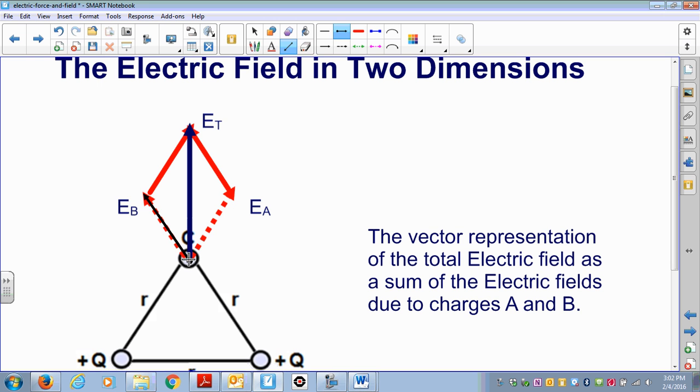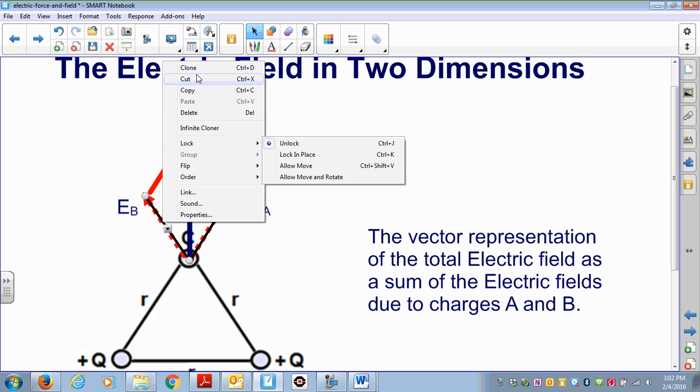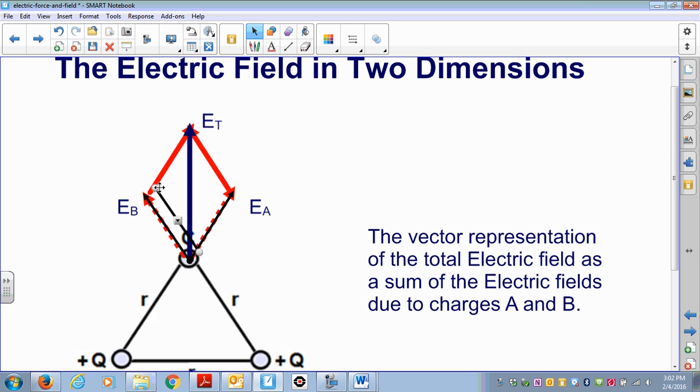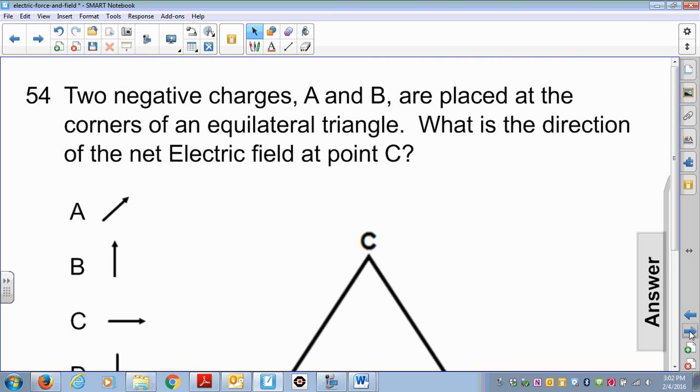Here's my one vector, here's my other vector. Now what I'm going to do is take this one right here and clone it, and drag it up to here, and notice that I have added them tip to tail. Notice where the resultant is going to be. It's going to be straight up from here to here.